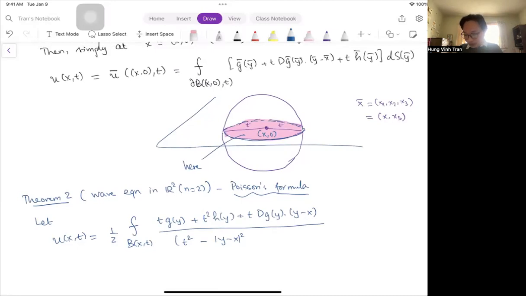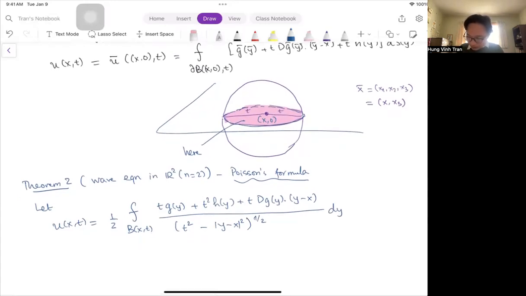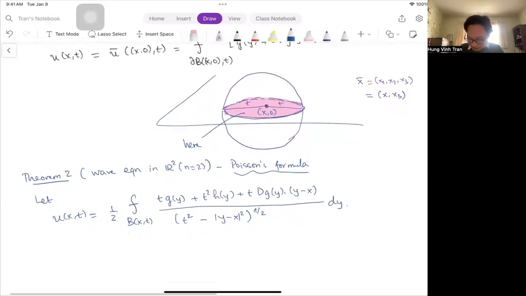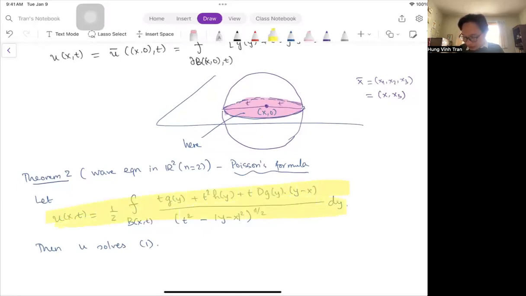Let me write it down and explain. I have this formula. Let u equal this, then you solve the wave equation in 2D. Let me highlight it here and explain a little bit where this term comes from.